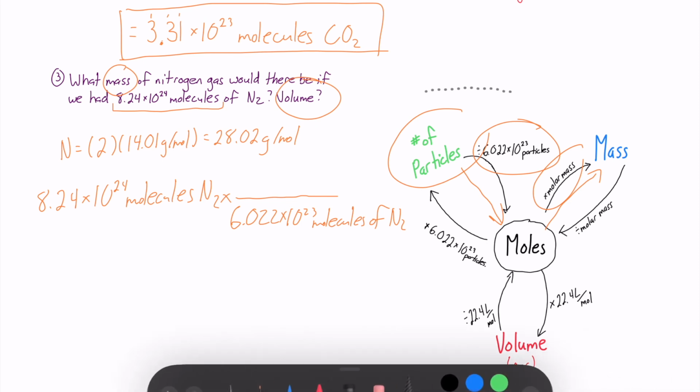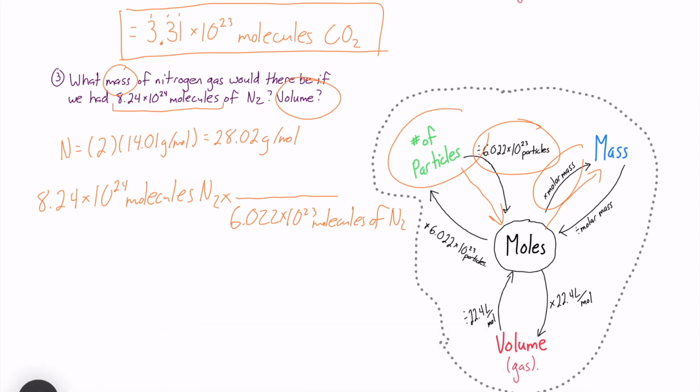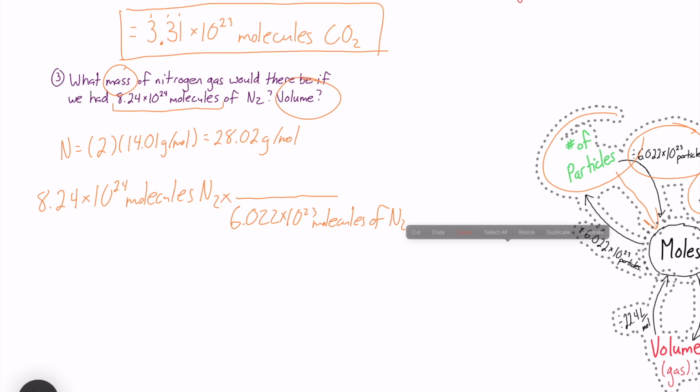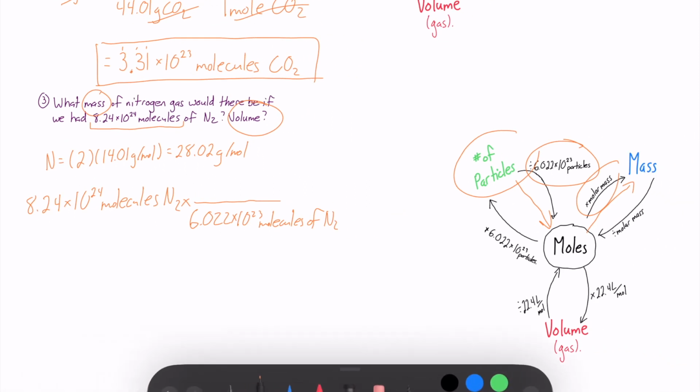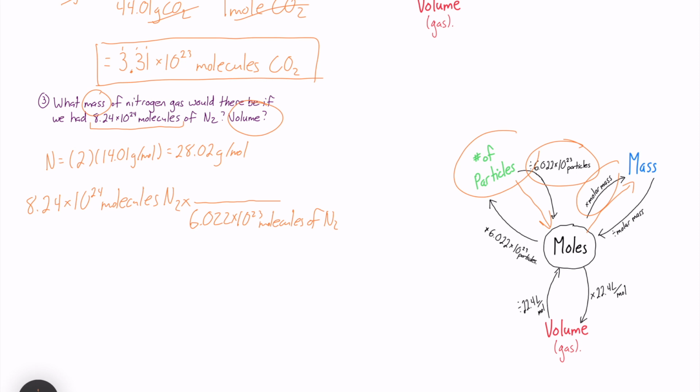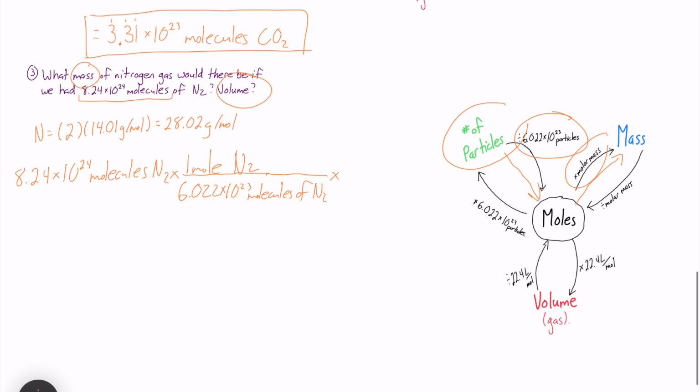We're running out of space here with all these large numbers. There we go, that's a little bit better. Okay, and on the top here, we are just going to have 1 mole of N2. And I'll extend the line just a little bit. And we are at moles right now.